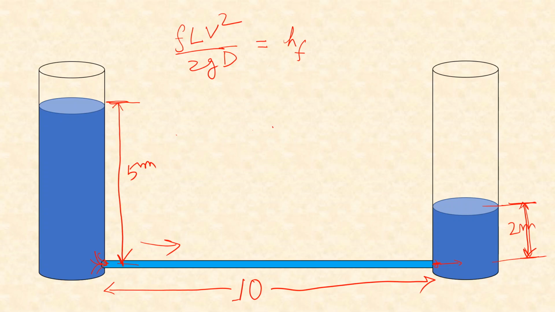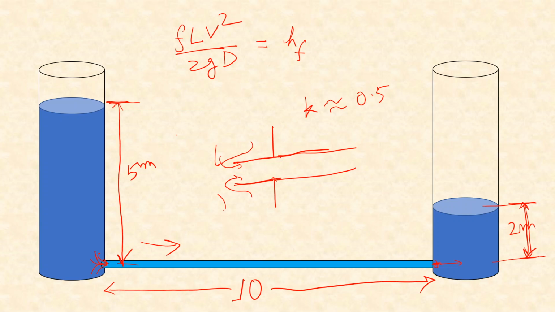That is, if you take this example where there is a sharp transition between the tank and the pipe, then generally the value of k is approximately 0.5. Now if you want to make a difficult entry, that means if you insert the pipe here a little bit into the tank, then water will have to flow like this. Then some more head will be lost, and therefore it will increase up to 0.7 or 0.8 and so on.